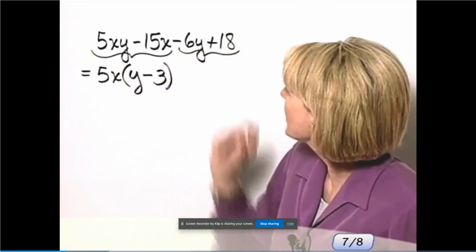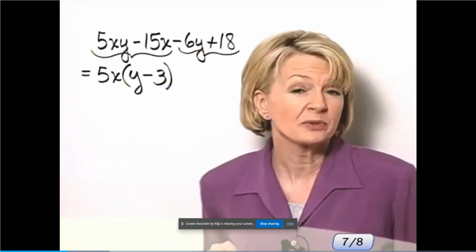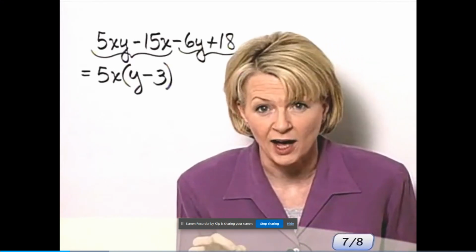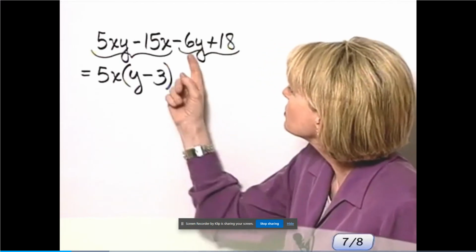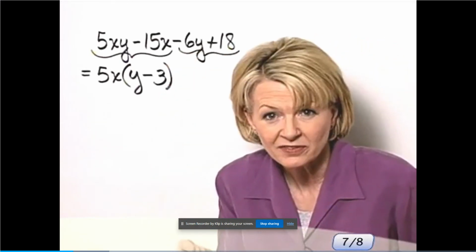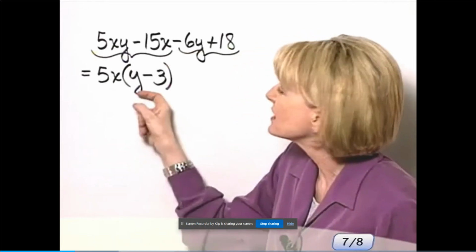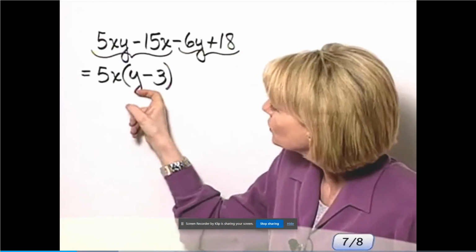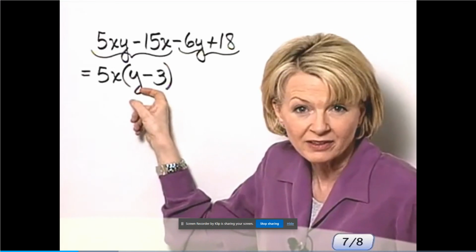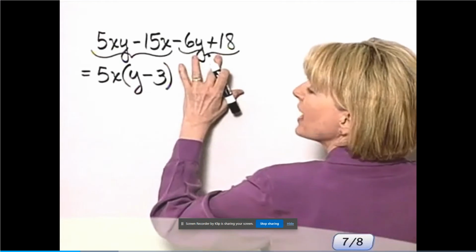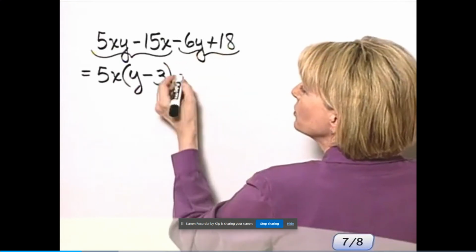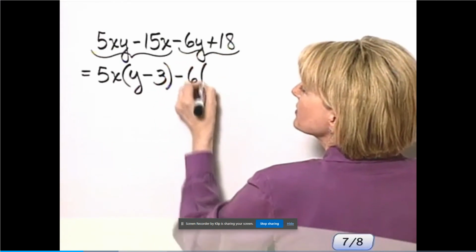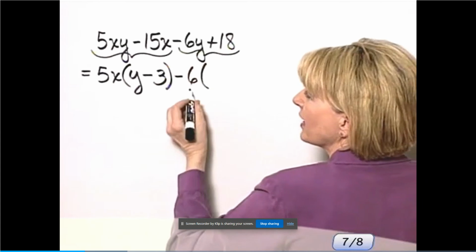And now let's look at the second pair of two terms. Is there a common factor to those two? The answer is yes, 6 is common. Now I'm actually going to factor out a -6 in the hopes that the binomial left will look like this binomial. So I'm going to factor out of these two terms only a -6. Be really, really careful with signs.